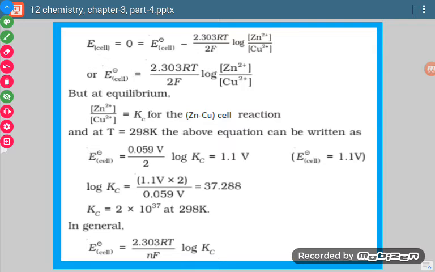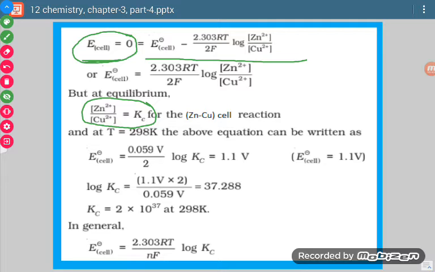Now, the Nernst equation for the given equation will be E cell is equal to E naught cell minus 2.303 RT over nF into log of zinc 2 positive ion concentration over copper 2 positive ion concentration. When we talk about the equilibrium constant, it is equal to this, as we just discussed, and the E cell value is 0. Why is it 0? Because of equilibrium.